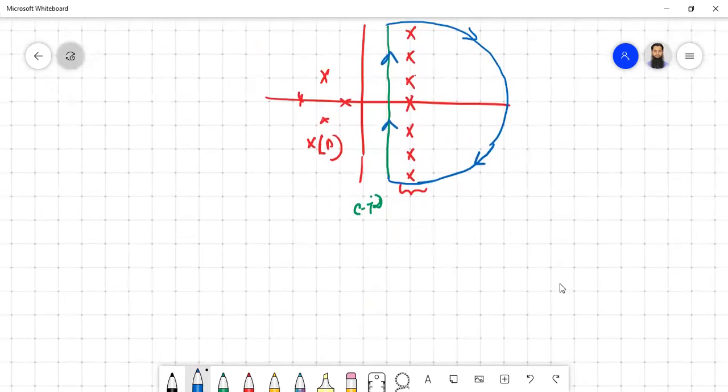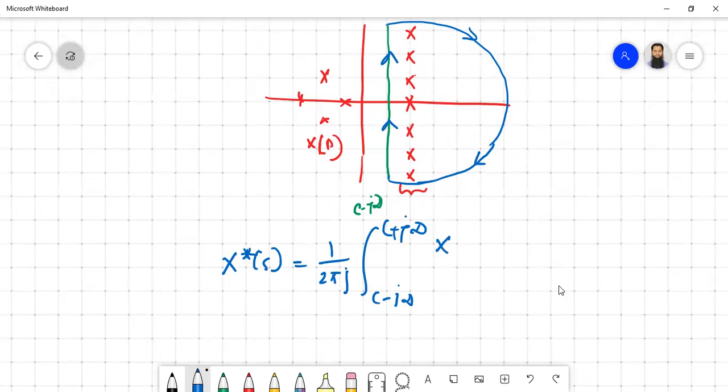So far, what we know is that our integration of x star s is basically 1 by twice pi j, c minus j infinity to c plus j infinity, xp by 1 minus e to the minus t s minus p dp.